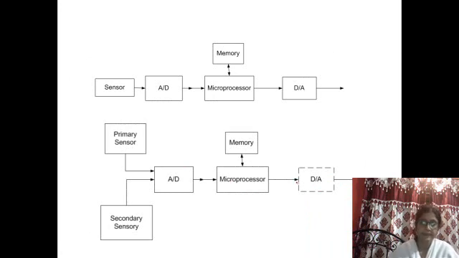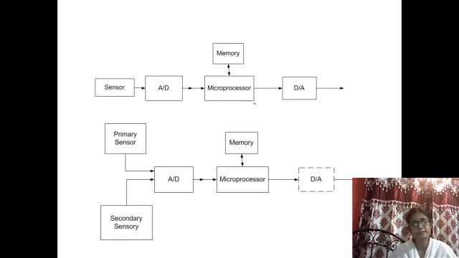Next is advanced level transmitters. Those are electronic and programmable type. All these are programmable type, and the first level was microprocessor based.